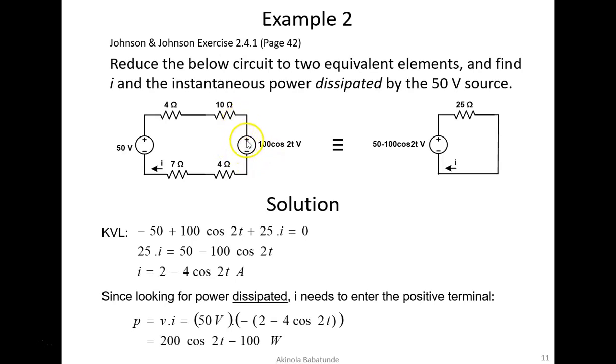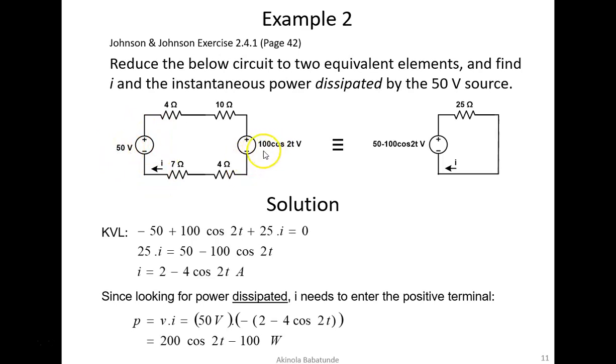If the current from here is going up, that means it is in the same direction as the equivalent current flowing in the circuit. If they're in the same direction, this 50 volts is going to have a positive sign.